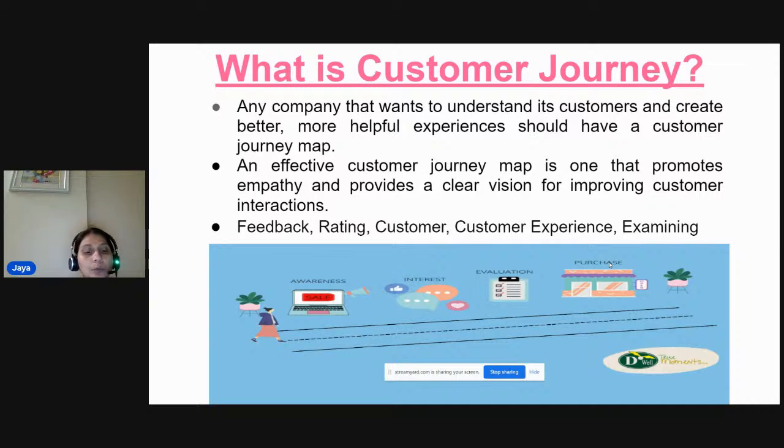Second point: why do we need a perfect customer journey? When we define the customer journey as a set of interactions with everything, why should it be perfect?